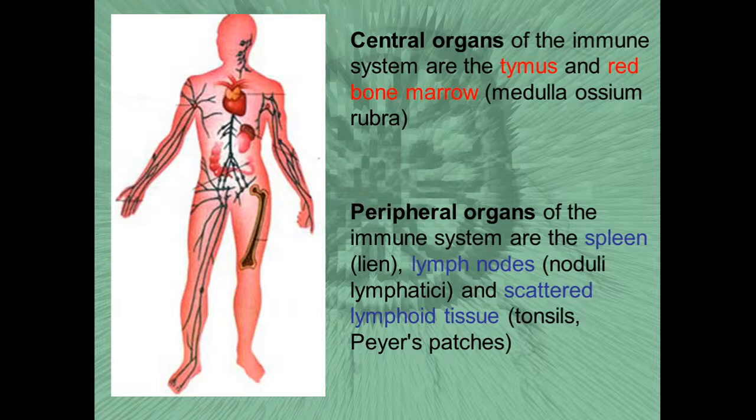You have to understand the difference between the immunity and non-specific resistance. What does it mean? Non-specific resistance also protects our body, but it protects our body against absolutely everything which will enter our body.